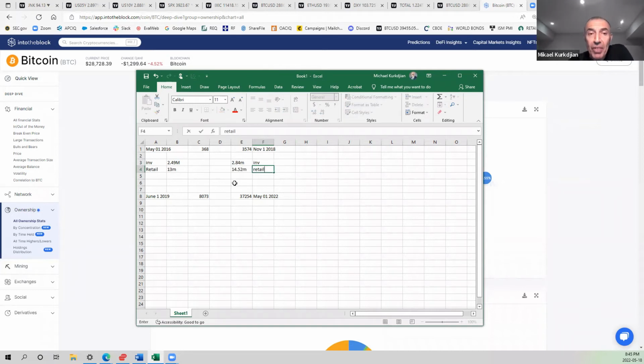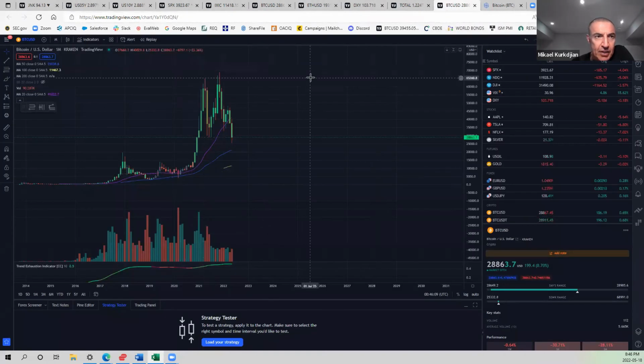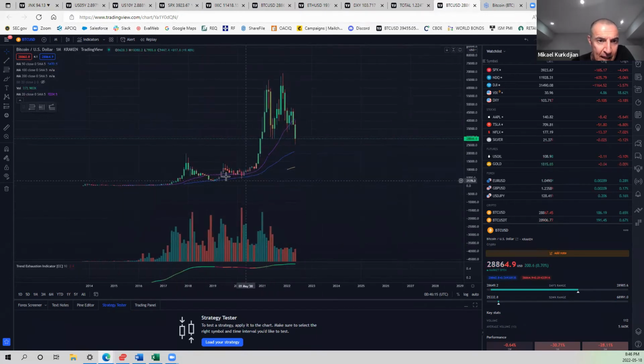So both had accumulated coins during this bull run. As we said with the 20-month moving average, Bitcoin had been bought on May the 1st, 2017, and it was sold on November 1st, 2018.